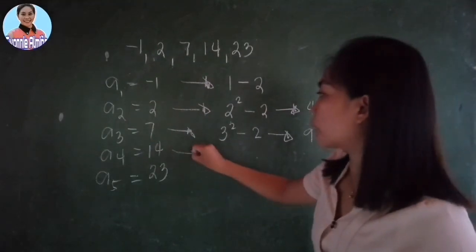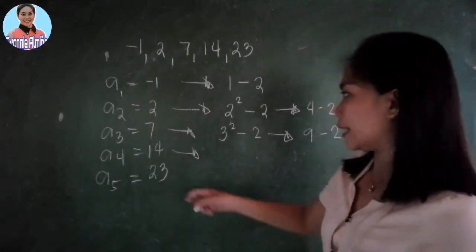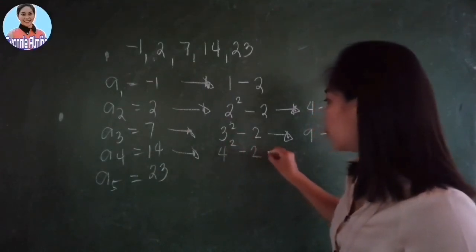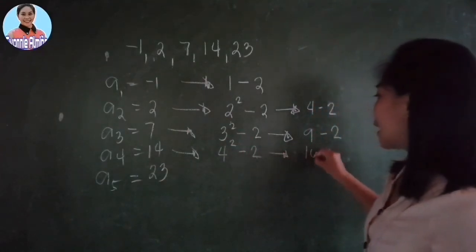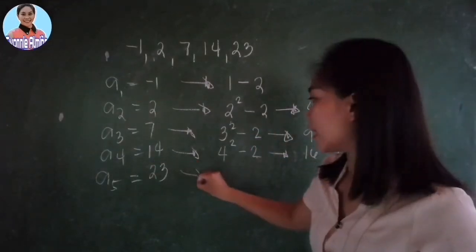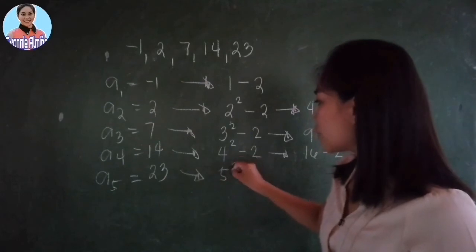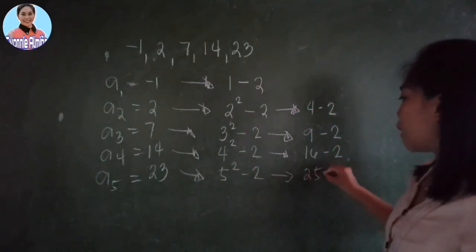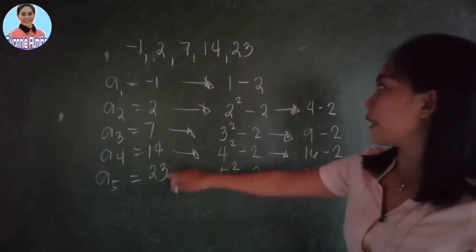So, that is the pattern we are talking about. For a sub 4, so 4 squared minus 2, you have 16 minus 2, that is equal to 14. And lastly, you have 5 squared minus 2, that is equal to 25 minus 2, which is 23.